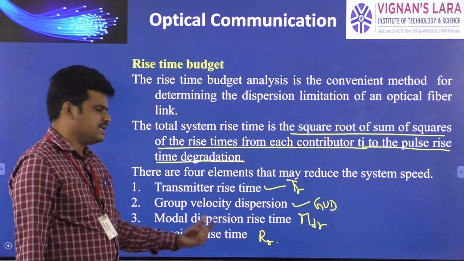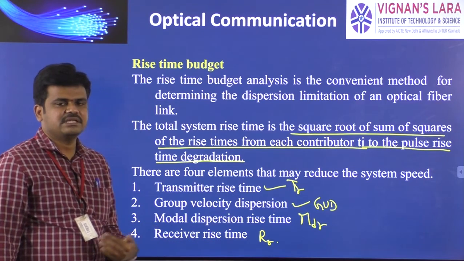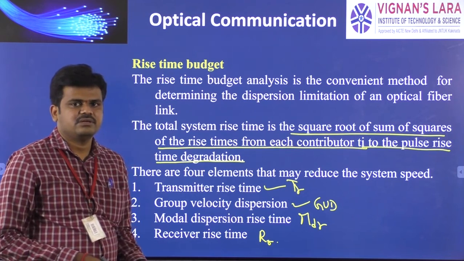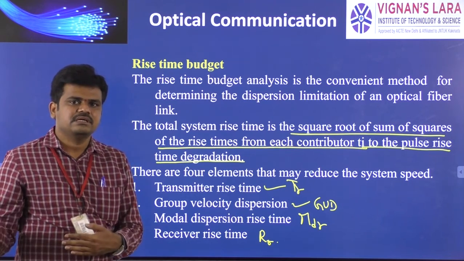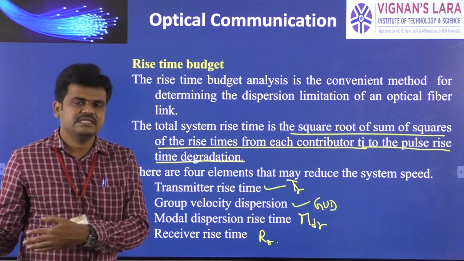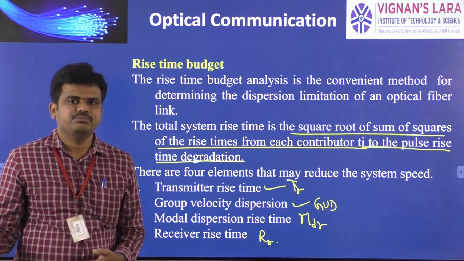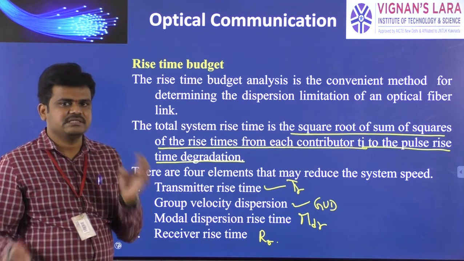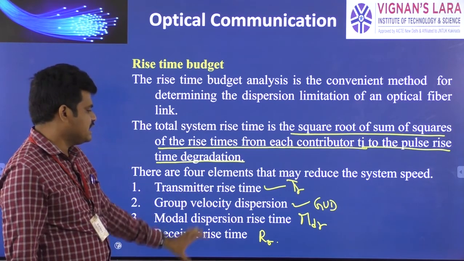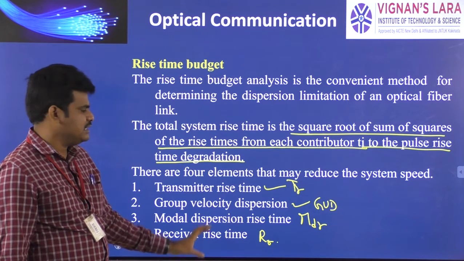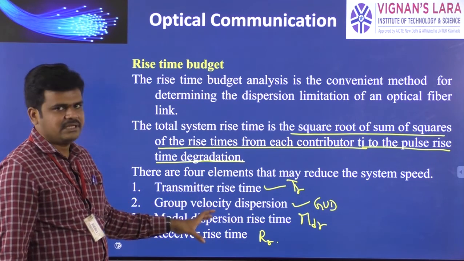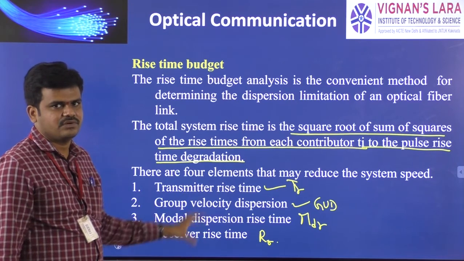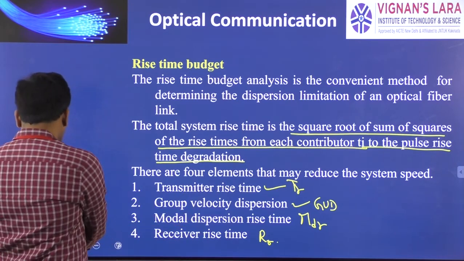Next one is receiver rise time: how much time the receiver takes to convert the light into electric current, and later, if it is digital signal transmission, into bits after amplification. What is the total amount of time taken by the receiver? All these have to be considered. Generally the system speed is reduced by these 4 factors.